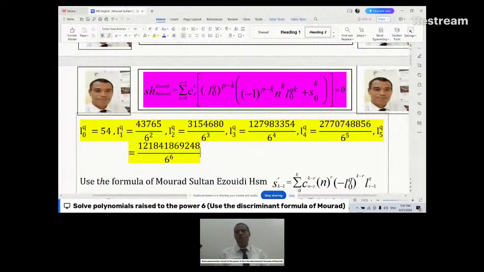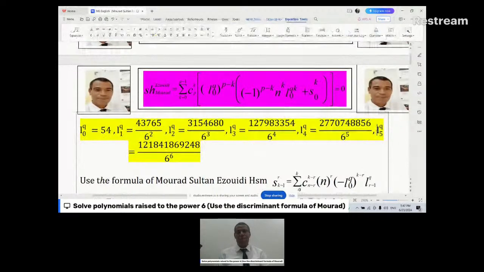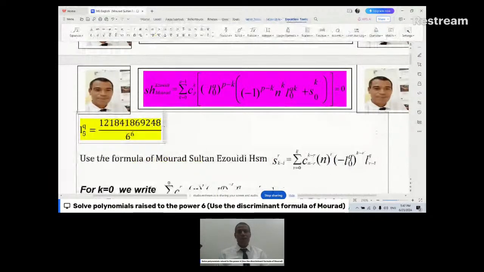This is L1 of D_Q, this fraction, which can be written with numerator 43,767 and denominator 6 squared. And so on: this is the value of L2, this is L3, and this one is L4. Now, learners, I will start working.